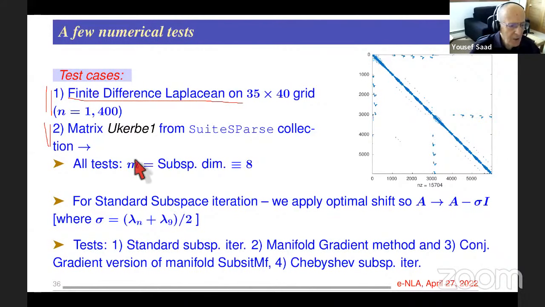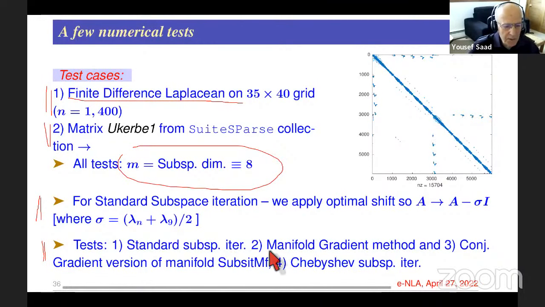In all cases, I'm taking dimension 8 for projection. There are also some details about the subspace iteration, and I wanted to make a couple of comments while I show the figures about the Chebyshev and so on.